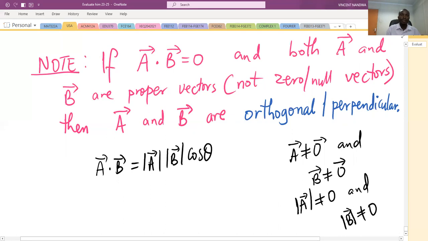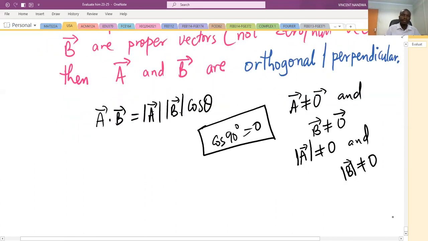So for the product of three numbers to get zero, if this is not zero, this is not zero, then this must be zero. And cosine of 90 degrees is what gives us zero. So that's why if A and B are not zero vectors, then the angle between the two vectors A and B is 90 degrees if the dot product is zero.